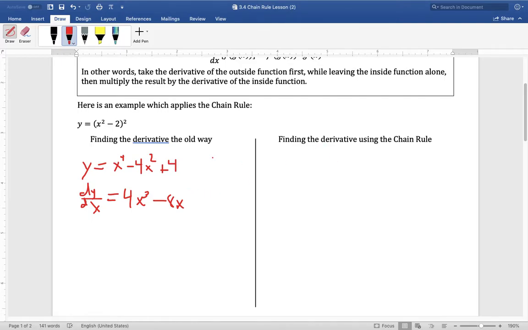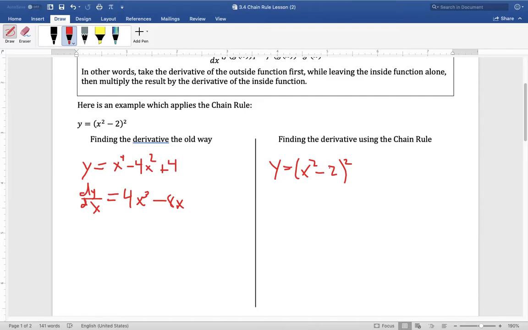Using the chain rule, what we're able to do is take y equals, and then we have this function. I'm going to rewrite the original: (x squared minus 2) squared. And we're going to do the power rule, but when we do it, we're just doing the outside derivative first.